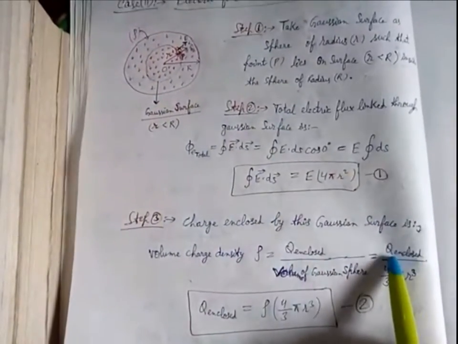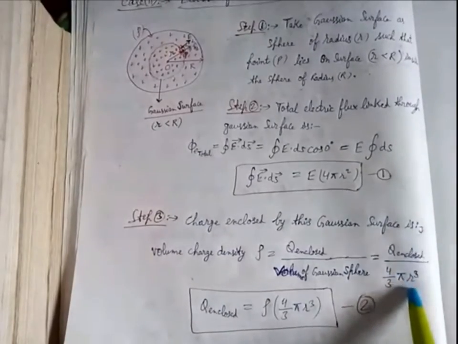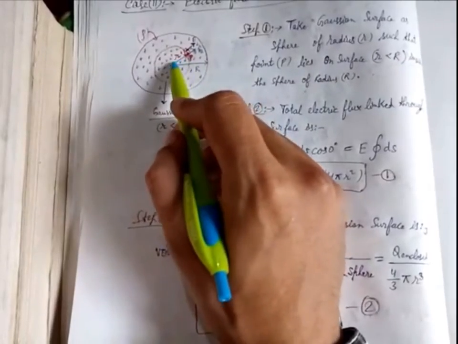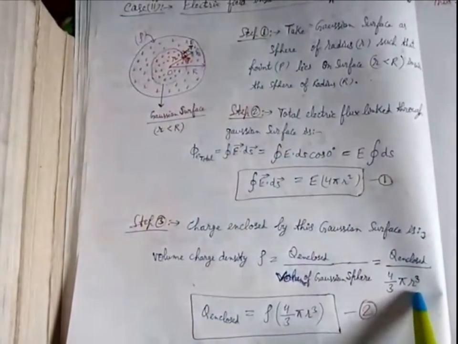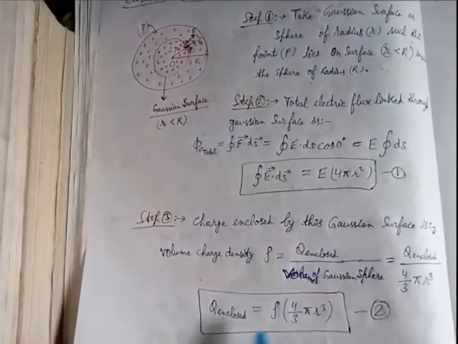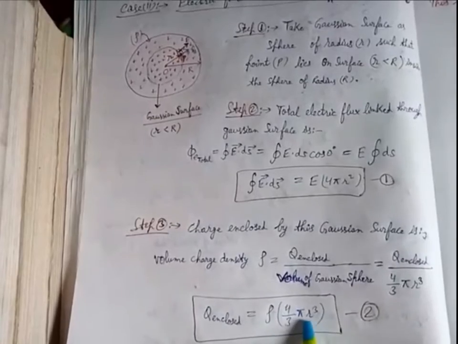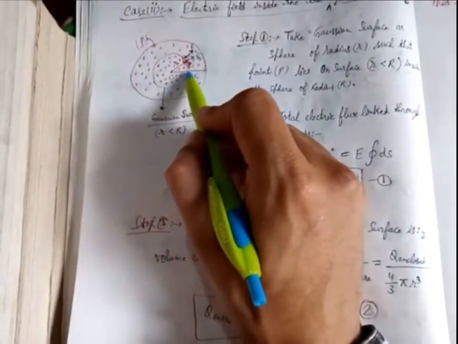So q charge enclosed upon volume of Gaussian surface will be 4 by 3 pi small r cube, because the Gaussian surface has the radius of small r. So we will take small r cube. So the charge enclosed will be rho, the volume charge density, into 4 by 3 pi r cube, because the charge enclosed is the charge inside this Gaussian surface.